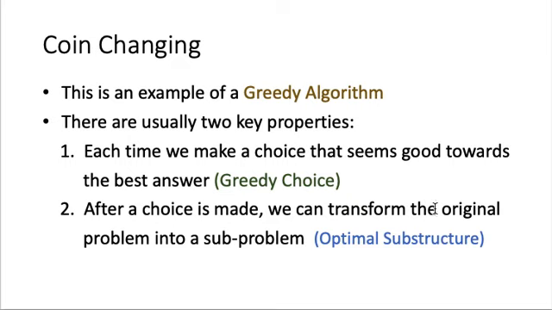Because it is of the same type, we can reapply the same technique again. We make the greedy choice, get into a smaller subproblem, and so on and so forth, and then we finally solve the problem.